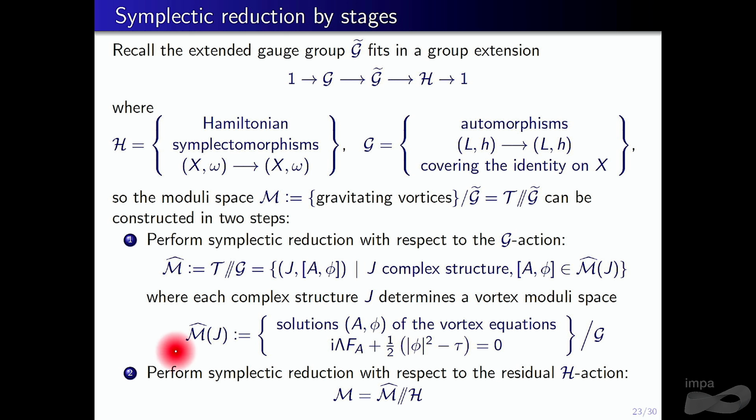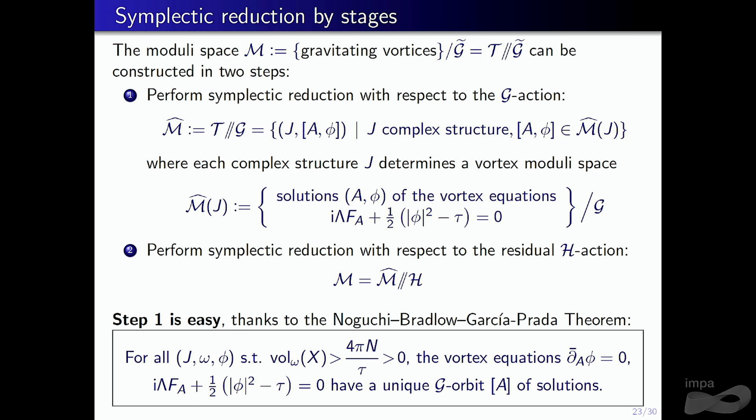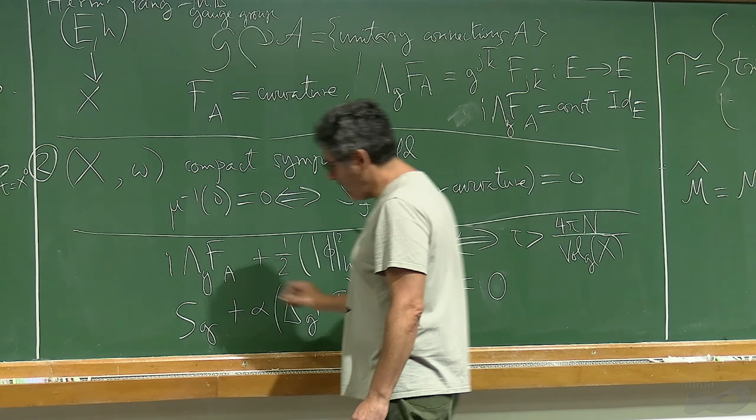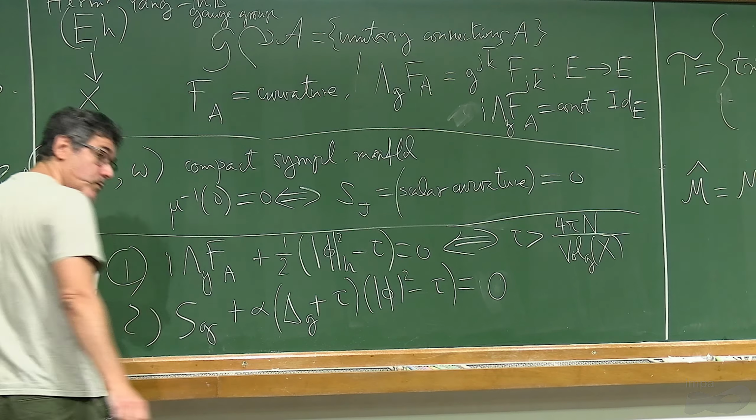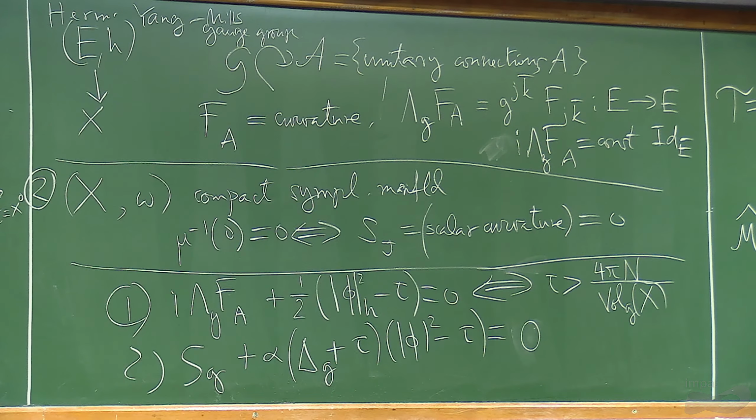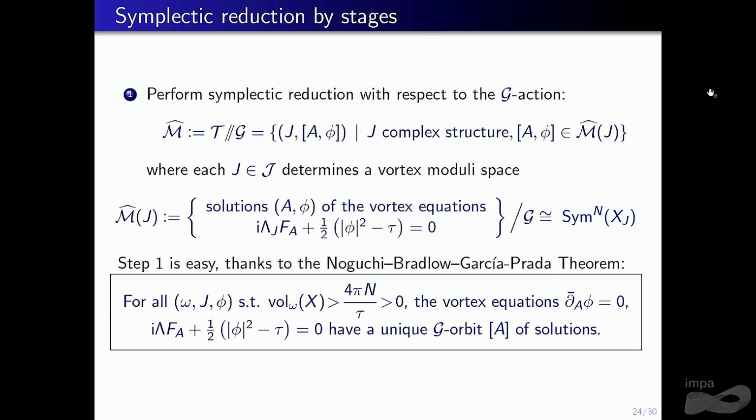And that, for each J, is very well understood. Okay? It's a symmetric power of the Riemann surface. Okay. This comes from the theorem I said earlier about the first equation. This one. Okay? The existence and the uniqueness part tell you how to solve this. Okay, and then you get this, where X_J is the Riemann surface corresponding to the complex structure J.